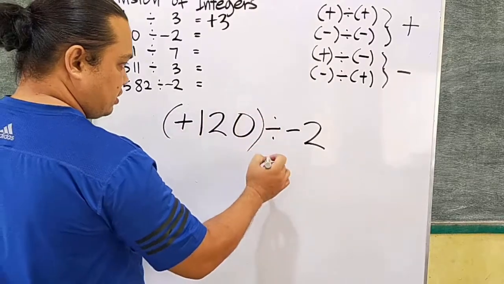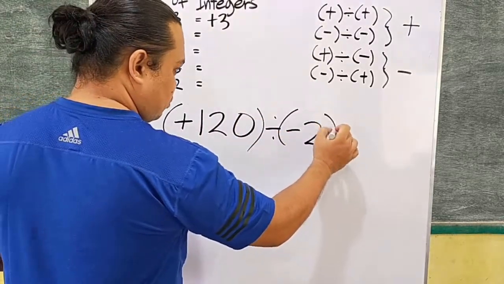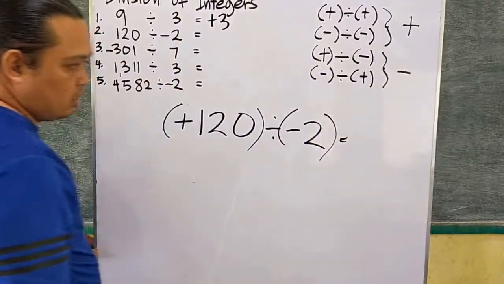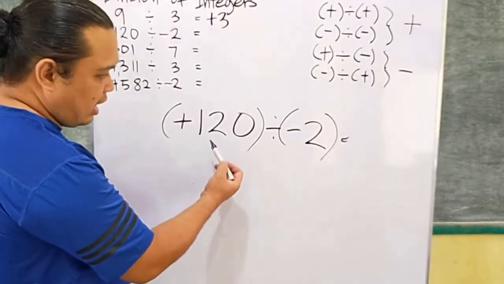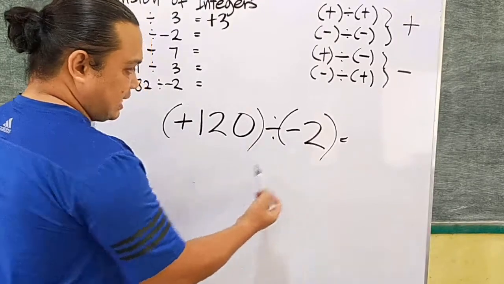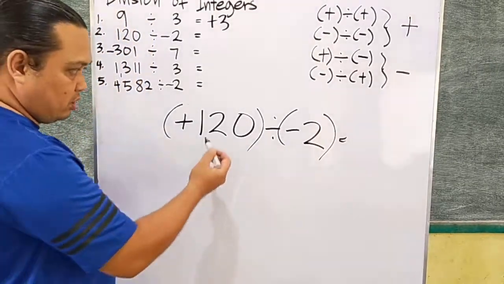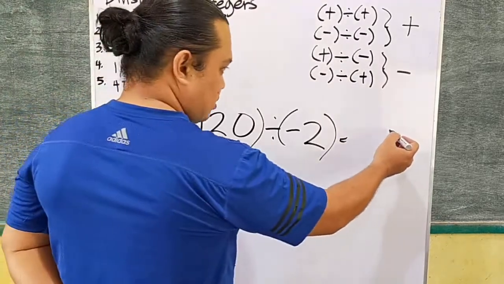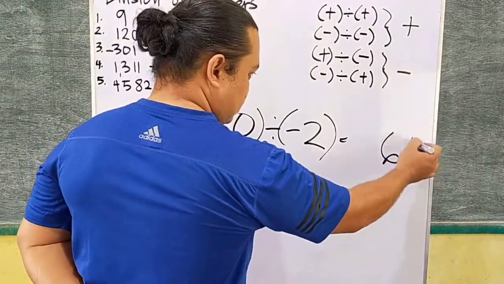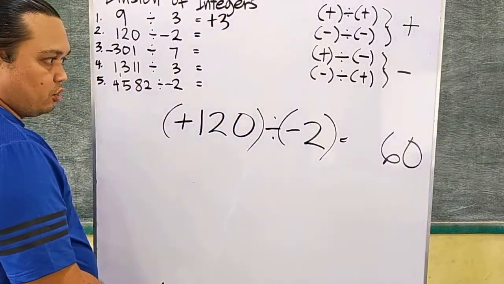And we are dividing it with a negative 2. Okay? Now how do we answer this? So first, just divide the integers just like whole numbers. So we have 120 divided by 2, that's 60. Okay? And the sign here will be a negative.